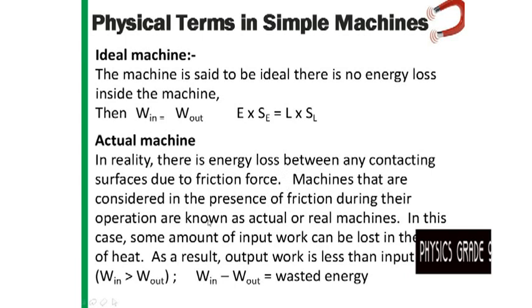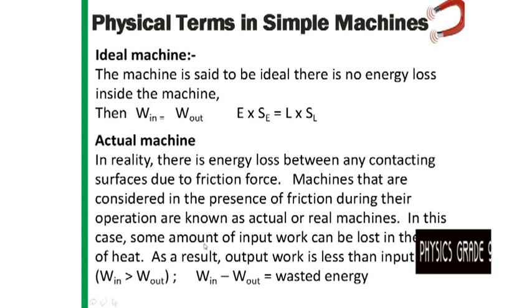Machines that operate in the presence of friction are known as actual or real machines. We come across these, for example, inside a car. There are many different types of machines operating within a car, and these are real machines because energy can be lost, in other words, transferred from the main form to another form.